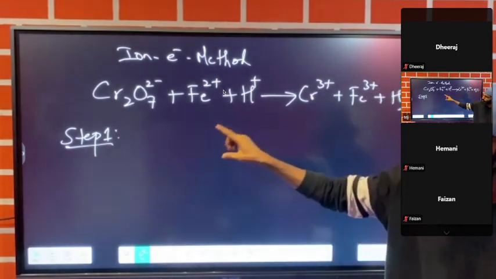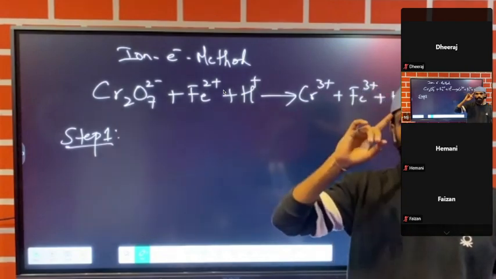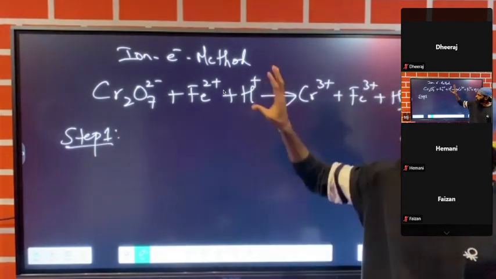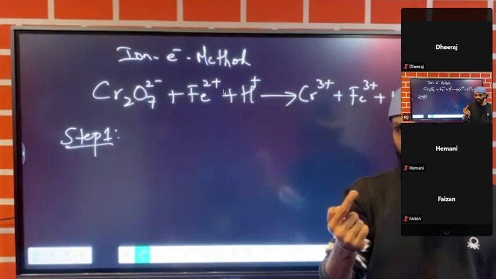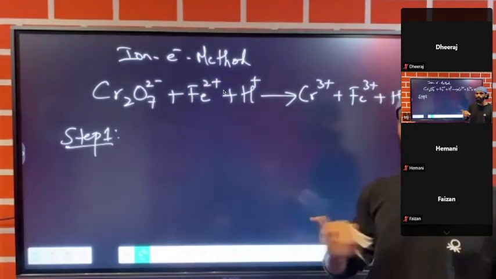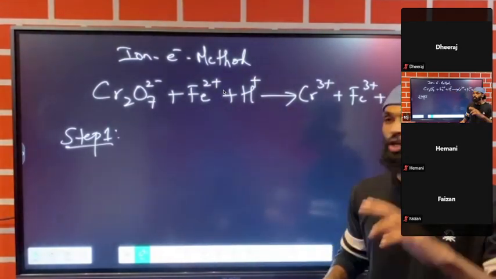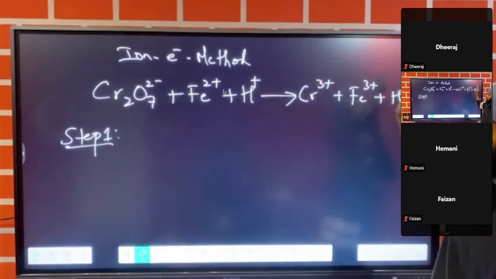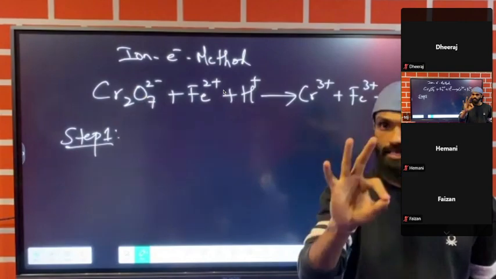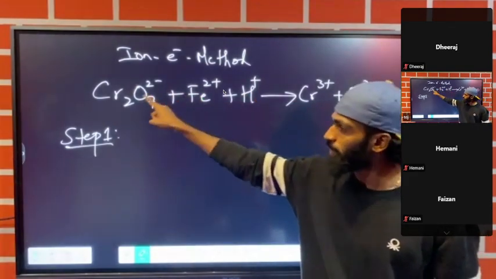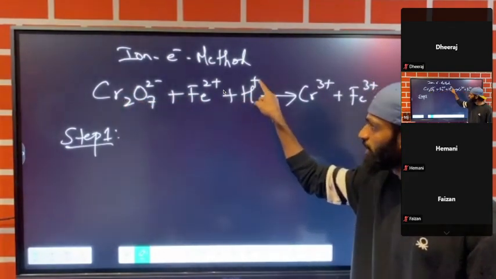I'll repeat that. Step 1 officially you write, but an unspoken rule goes like this: you're supposed to know the oxidation number of almost everything. Almost everything in the sense, don't get confused. Let's start with your left-hand side. Ignore this, talk only about this. On your left-hand side, I can find three things: 1, 2, as well as 3. This, I can see a valency already.